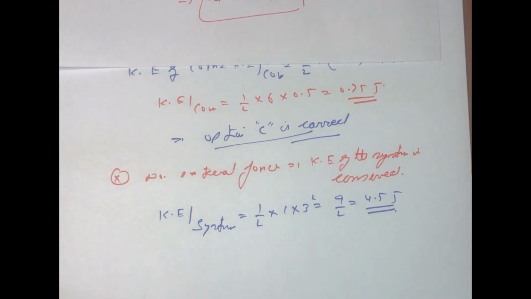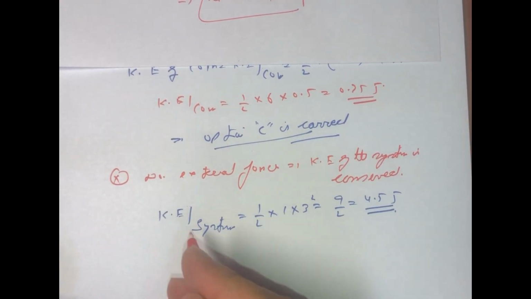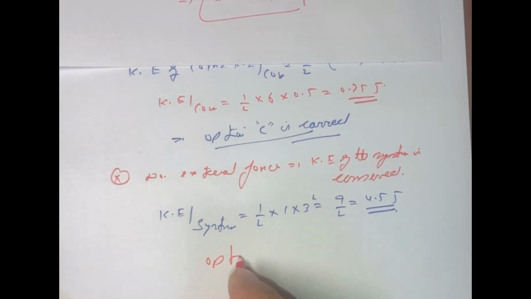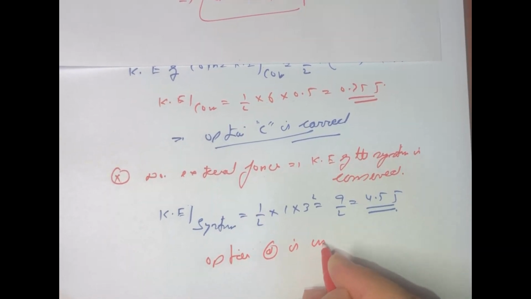It is given in option D that the kinetic energy of the system is 4, so option D is incorrect.